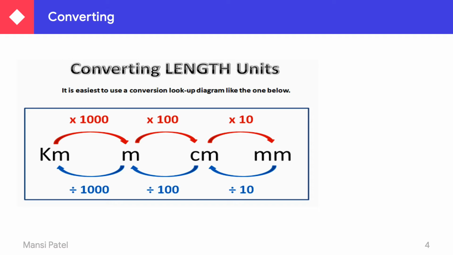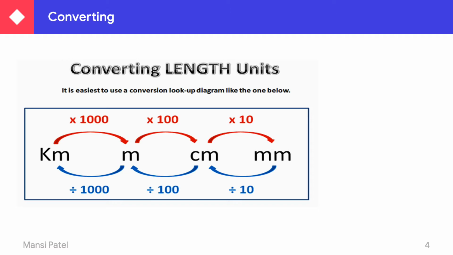But whenever you have to convert the smaller unit to the bigger unit, that means convert centimeter into meter, and convert meter into kilometer, at that time you have to divide. So when you convert centimeter into meter, you divide by 100.